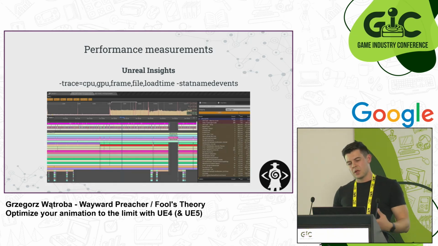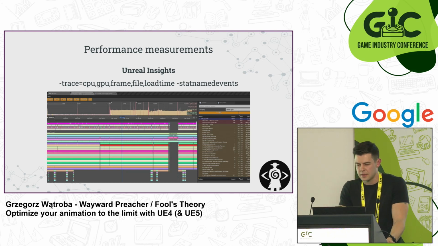Unreal Insights is a much more advanced tool from Epic, and from what I understand, it's recommended to move away from the standard frontend-based stat files and actually use Unreal Insights.